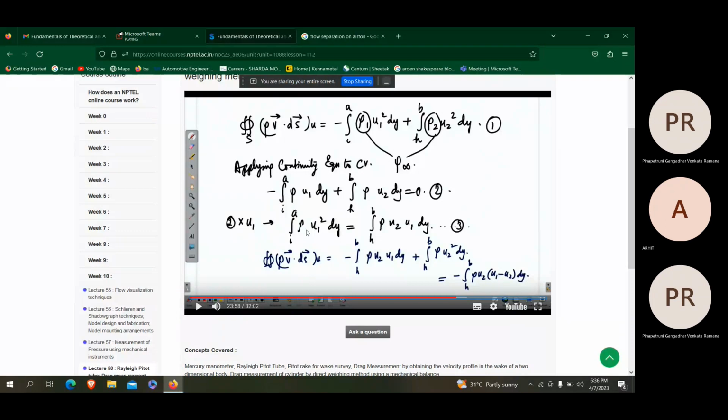So how is he applying it as 0? We are mentioning this difference as a drag coefficient, right? So how does this 0 come? Applying continuity, this equation is continuity. This is another equation, right? Not this integral.